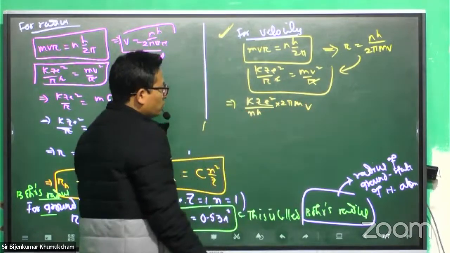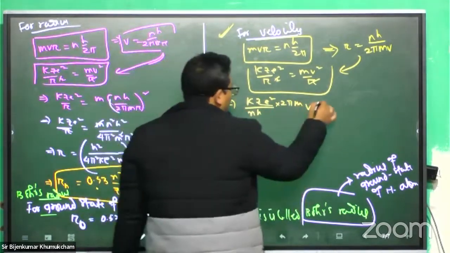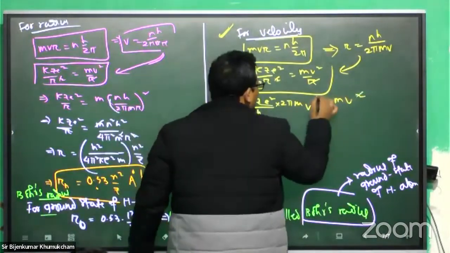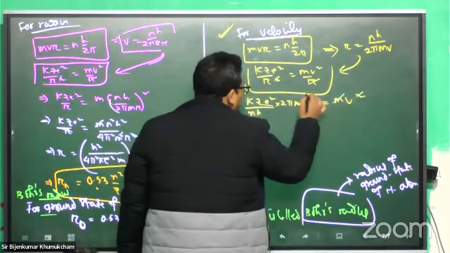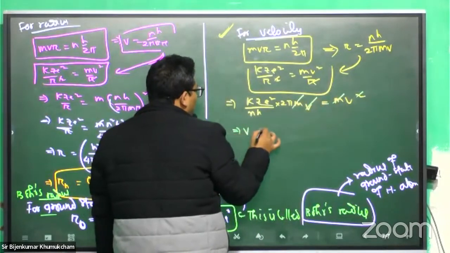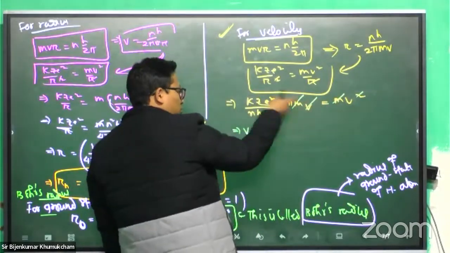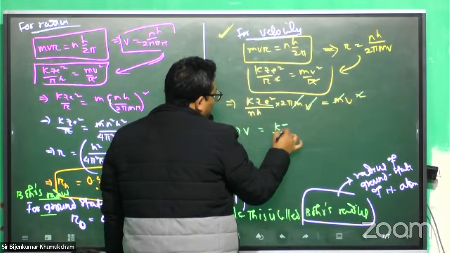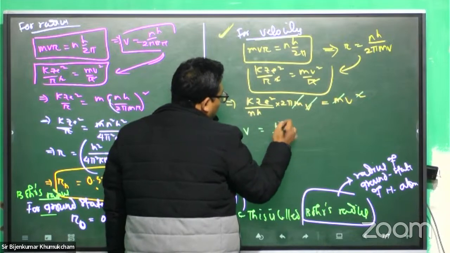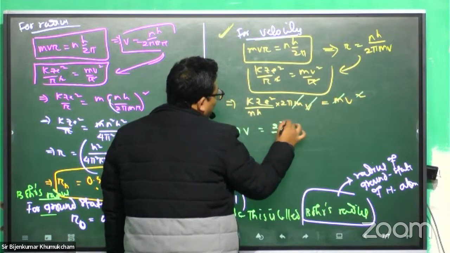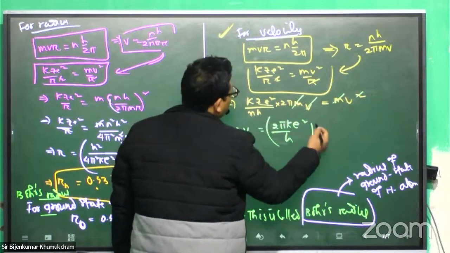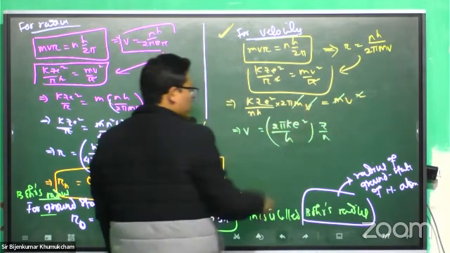Now m v square, then v is v, so your velocity becomes v equals 2 pi k e square Z divided by n h.